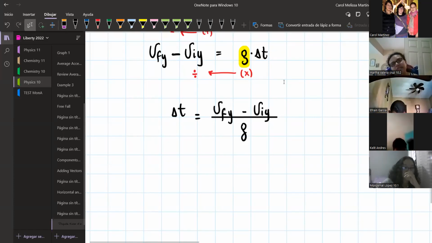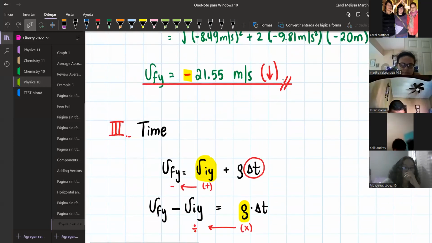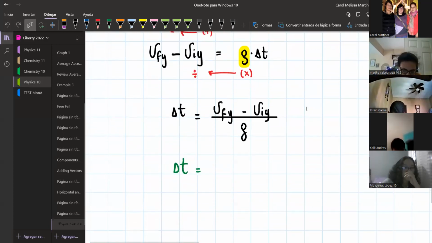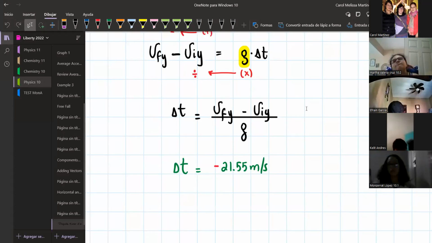So all we need to do now is make a substitution with the givens that we have. So we say that time is equal to final velocity in y, which is the one that we got from the step before. So this final velocity in y, you will replace it here. It is 21.55 meters per second. But remember, it was negative because it was going downward. This negative is from the formula.